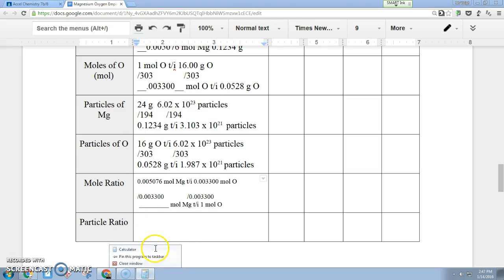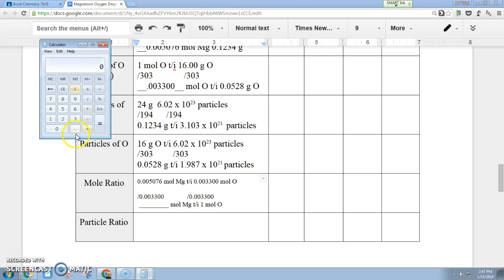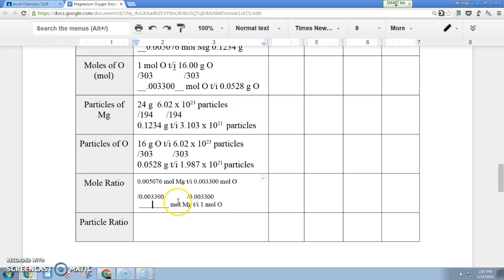So 0.005076 divided by 0.0033 gets me an answer of 1.5 moles of magnesium for every 1 mole of oxygen. Now, we know that atoms can't come in a decimal ratio, so you might want to go ahead and double both of these and make them 2 and 3. However, if you're not sure, leaving them as 1.5 to 1 is completely fine.